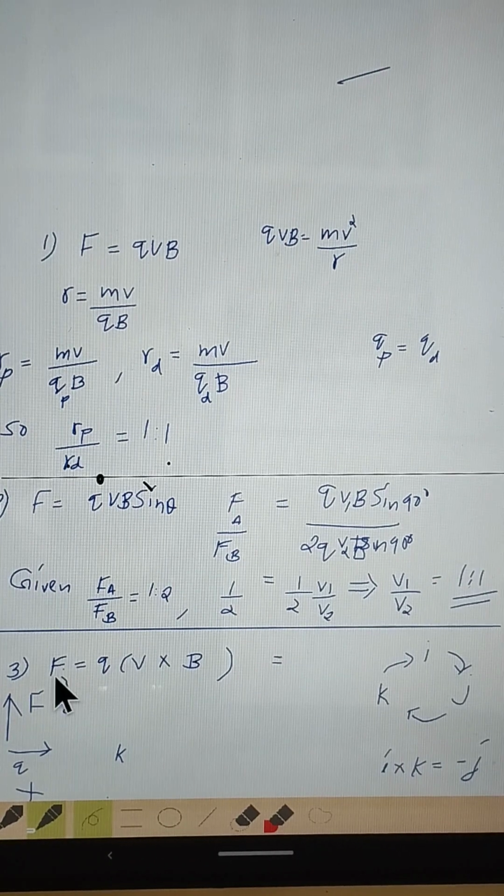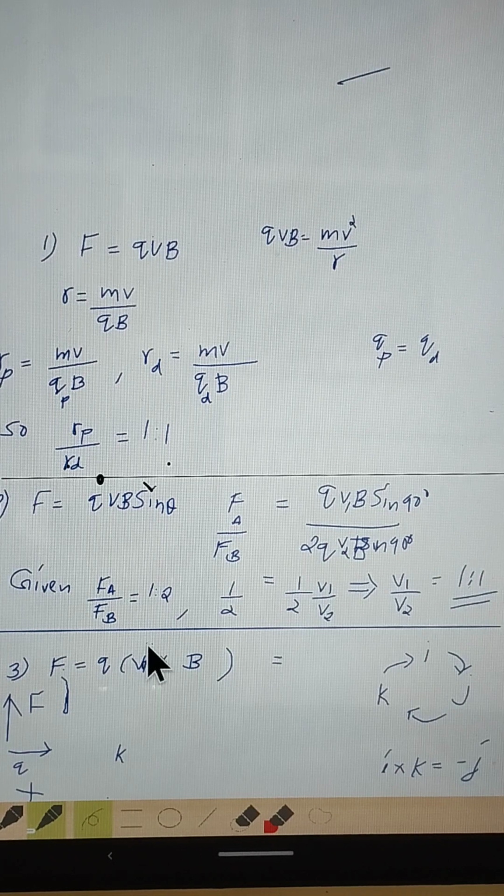The stream of positively charged alpha particles is moving along x direction, so the unit vector associated with the velocity vector is i. Then what about the direction of magnetic field?